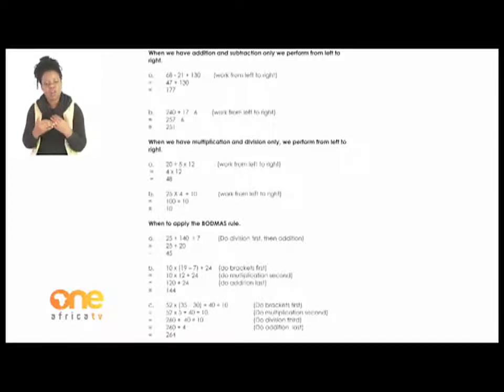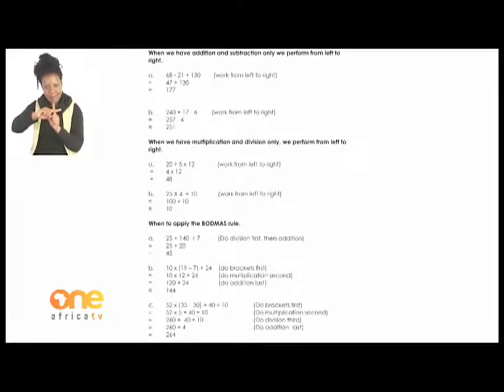Now we're going to do the multiplication part. 52 times 5, and that is equal to 260 plus 40 divided by 10. Now I'm left with an addition, and I'm left with a division. According to BODMAS, I must do the division part first.